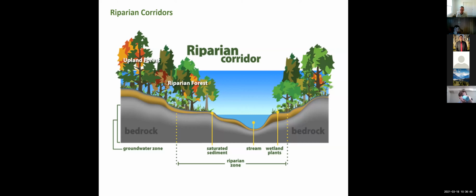So here we have a typical cross-section through a riparian corridor, and this has a waterway edged by sediment and wetland plants with a mix of upland plants in the floodplain, which is contained within the riparian zone. The floodplain in particular is a very important aspect of riparian corridors, as that's the area within which the river is going to meander as its course changes in response to rainfall, snowmelt, floods, and other changing conditions in the physical environment.